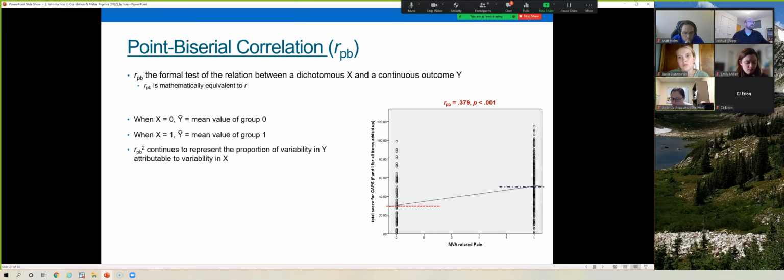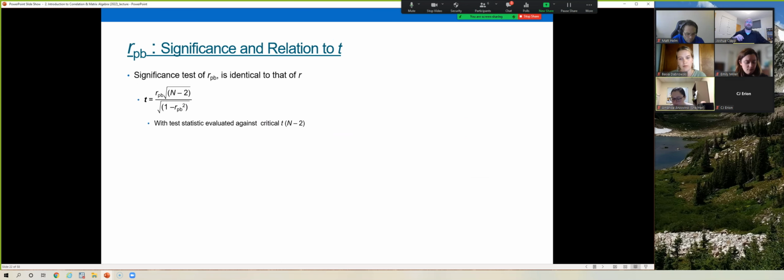Okay. You'll see how we're working through this point-biserial correlation. Now, the nice thing about my point-biserial is that the test of my point-biserial is identical to my test of r. Again, it's just a t statistic with n-2 degrees of freedom.